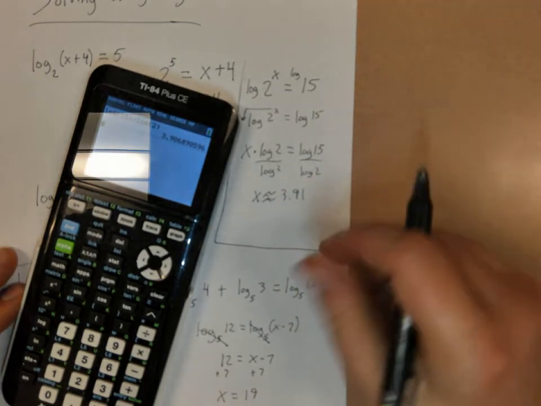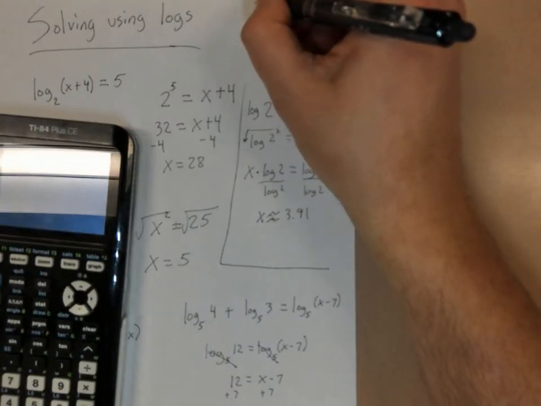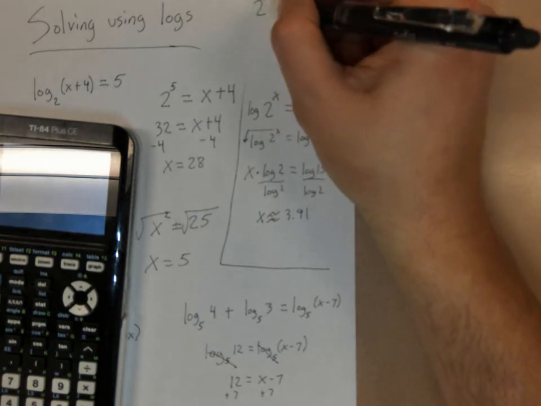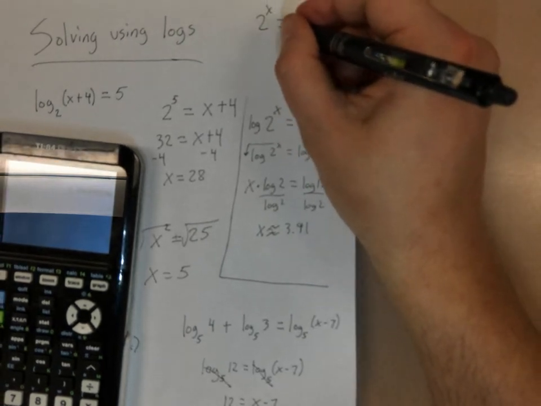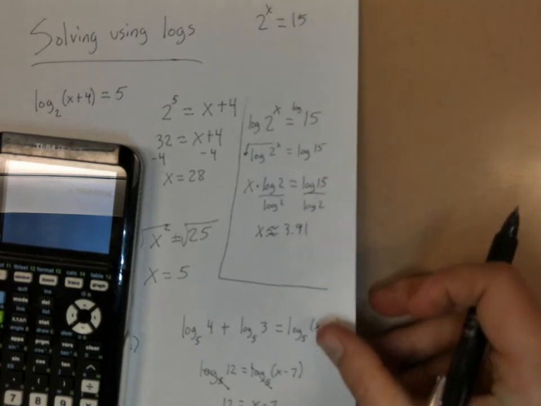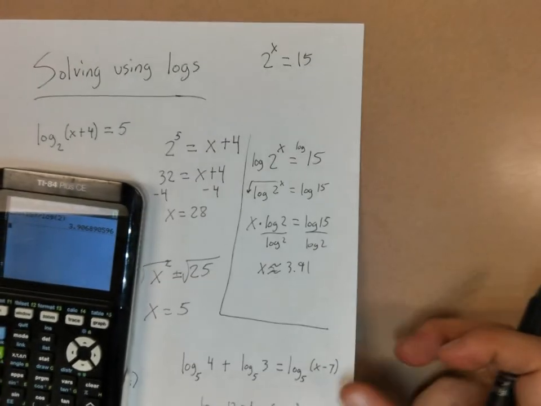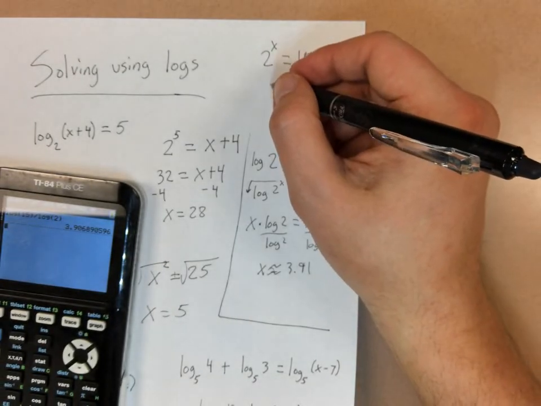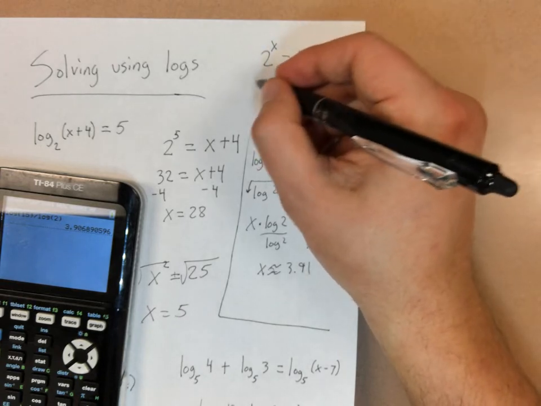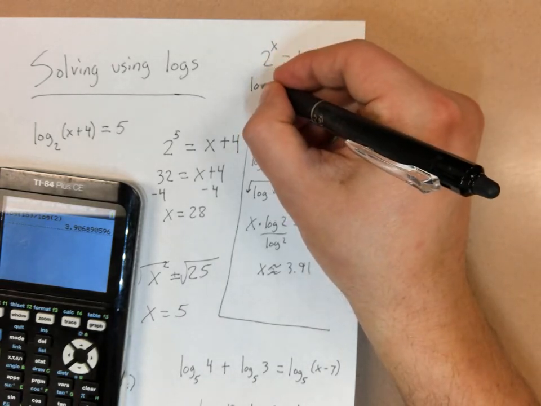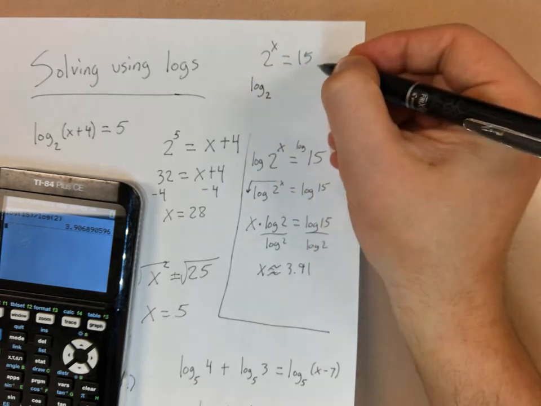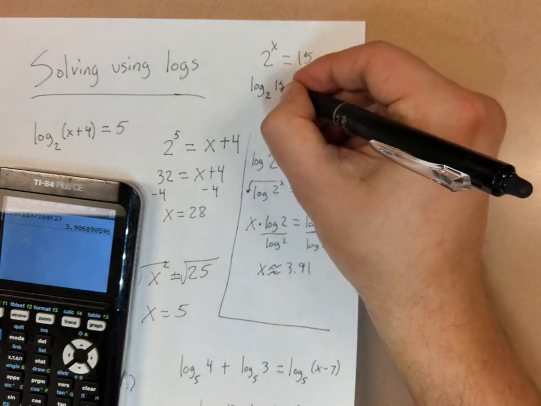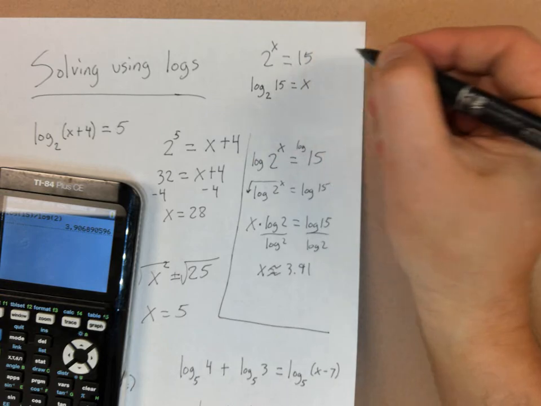Another way you can do the same exact problem, I'll go up to the top here. I know I'm kind of running out of space. If I did 2 to the x power equals 15, you can actually write this in exponential form. Remembering converting back and forth between the two, I can write this as log base 2 of 15 equals x.